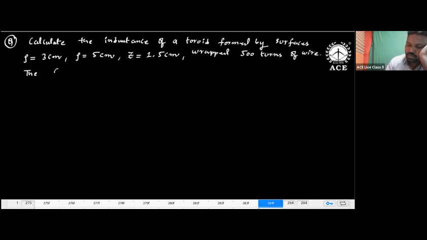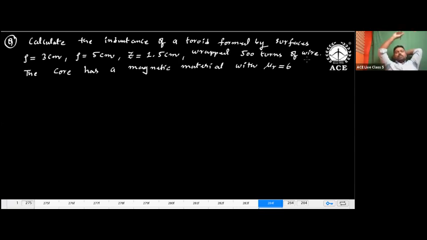The core has a magnetic material with mu r is equal to 6.